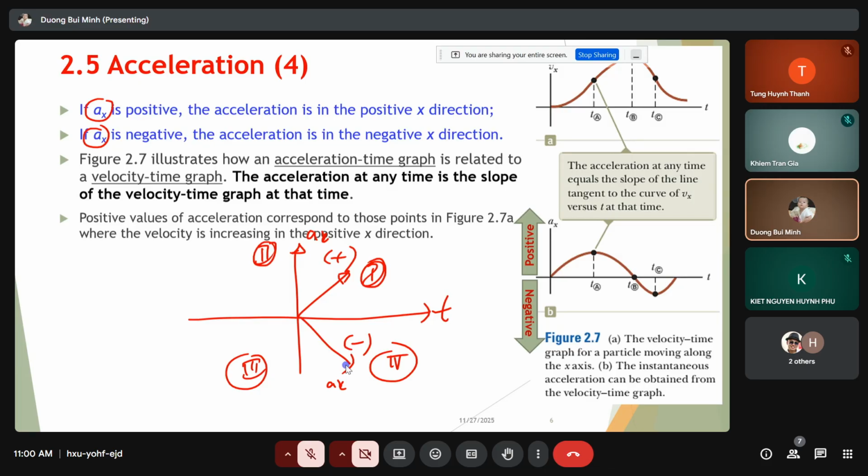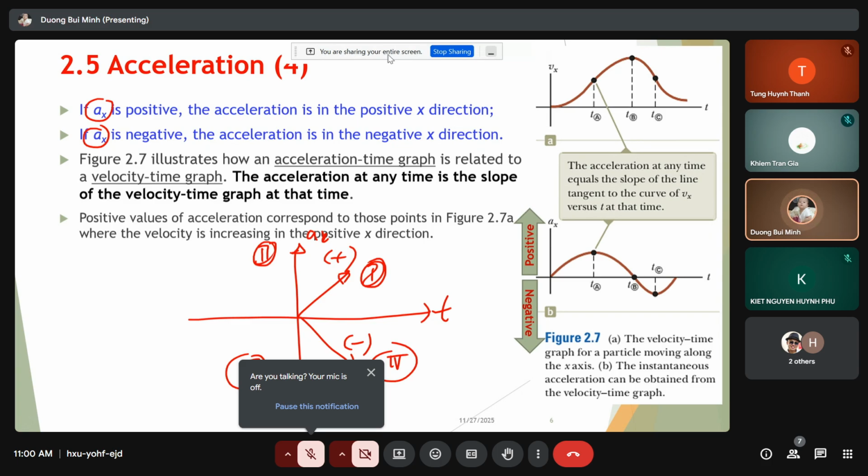Or we can say if the slope of velocity is positive, ax is positive. Similarly, if the slope of velocity is negative, ax is negative. Like this, this is vx, and if we draw the slopes, you get this one, right?